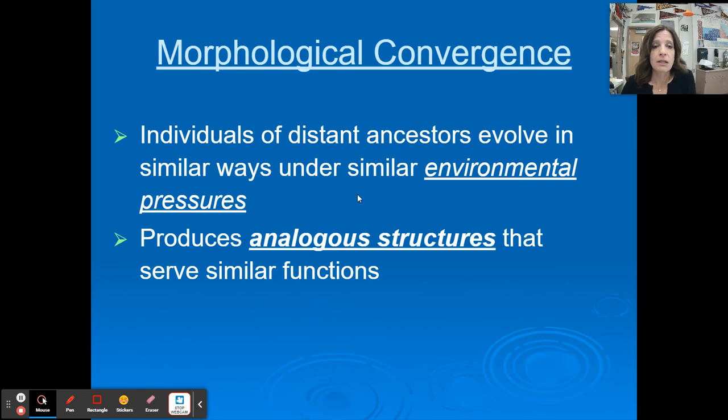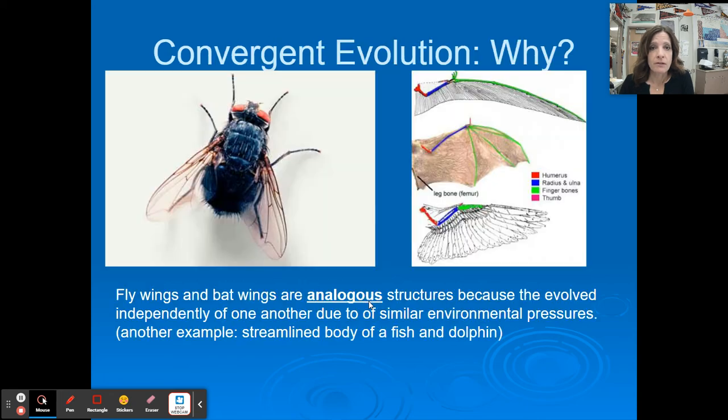Convergence is where distant ancestors evolved to have similar structures based on their environmental pressures, and that produces analogous structures. So homologous structures are similar in structure but different in function, and analogous structures are different in structure but similar in function.